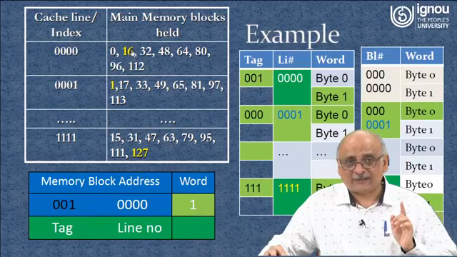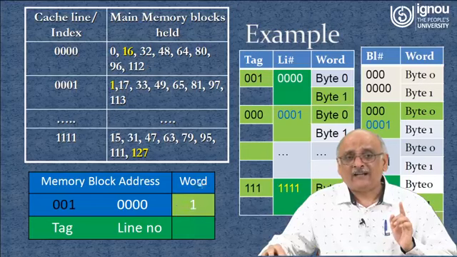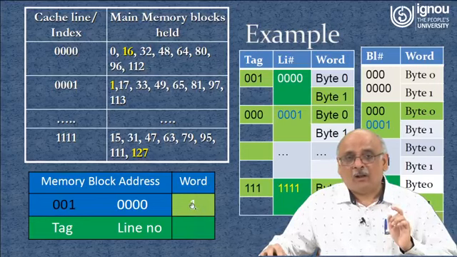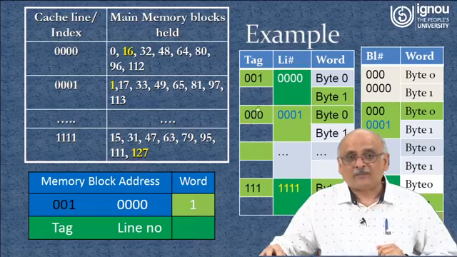So this is block number 16, and within that block, the word number we are looking for is the first byte. So in block number 16, we are looking for word 1, and that's what you can see in this particular case.